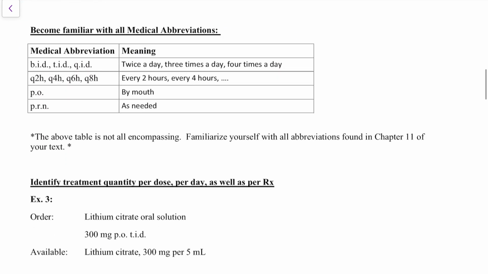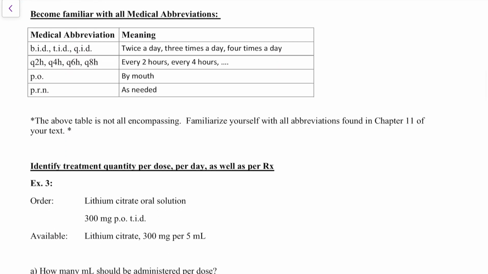So some things that you will need to be aware of are some different medical abbreviations. So BID means twice a day, B standing for bi. TID is 3 times a day, for tri, and QID or quad is 4 times a day. You may also see Q and then a number, then H. Q2H, for example, is every 2 hours, every 4 hours, every 6 hours, every 8 hours, and so on.